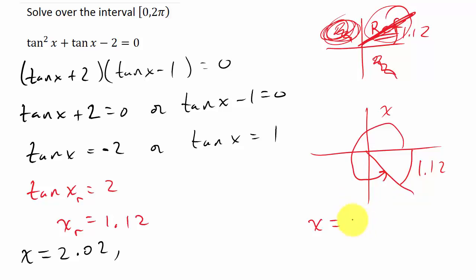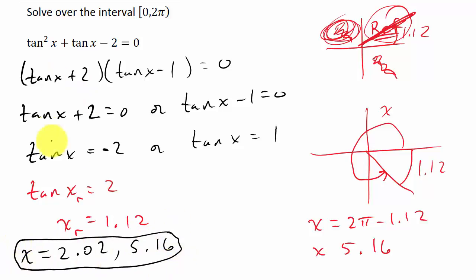Well, 360 in radians, remember, that's 2 pi, minus the 1.12, my reference angle. So 2 pi minus 1.12 is going to leave me with 5.16. And so there's the solution for tangent x equals negative 2. And remember, all this is radians.